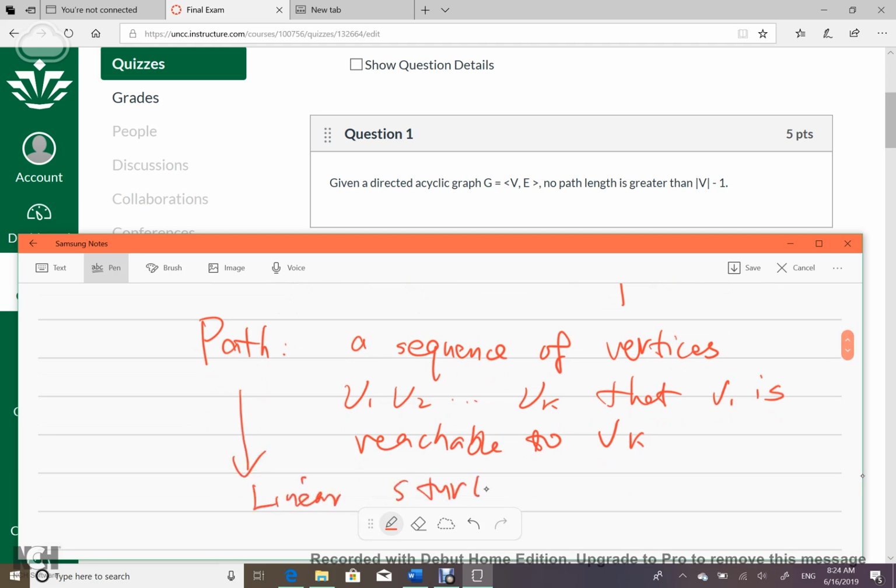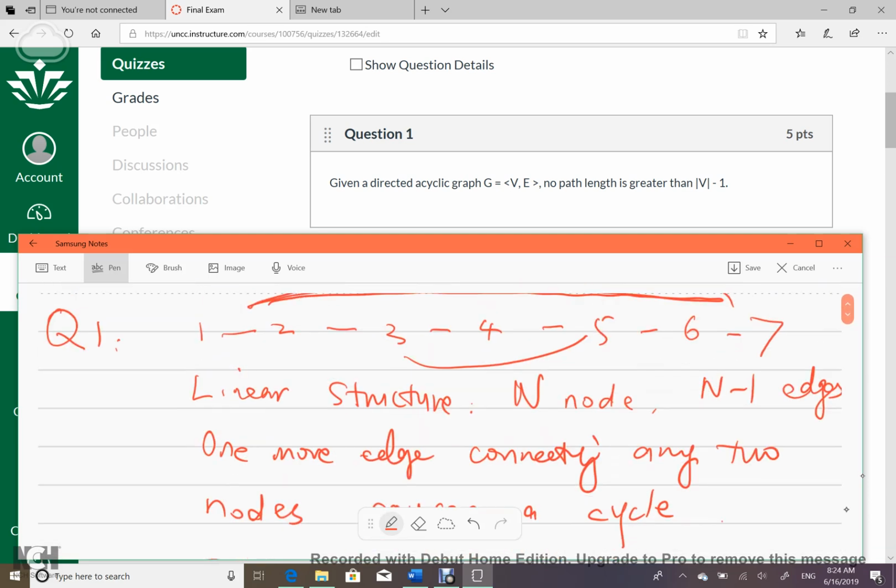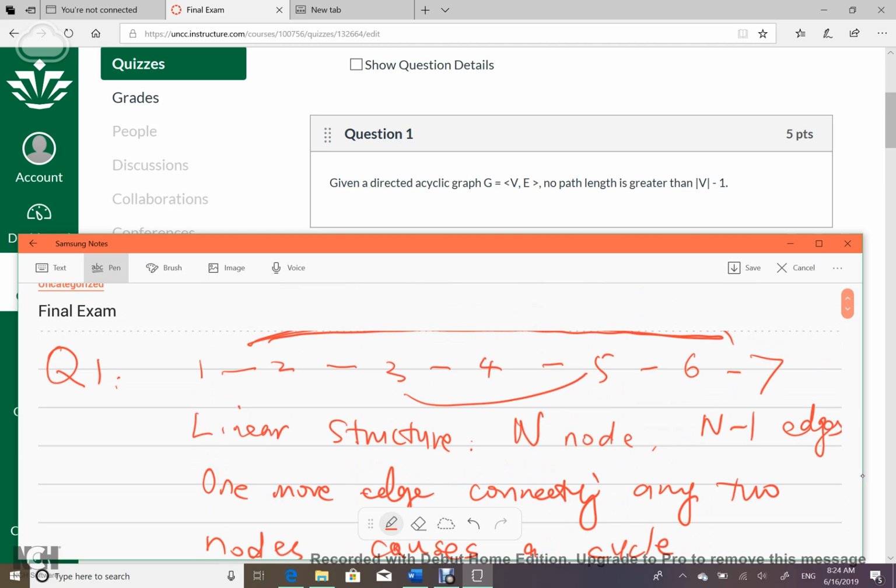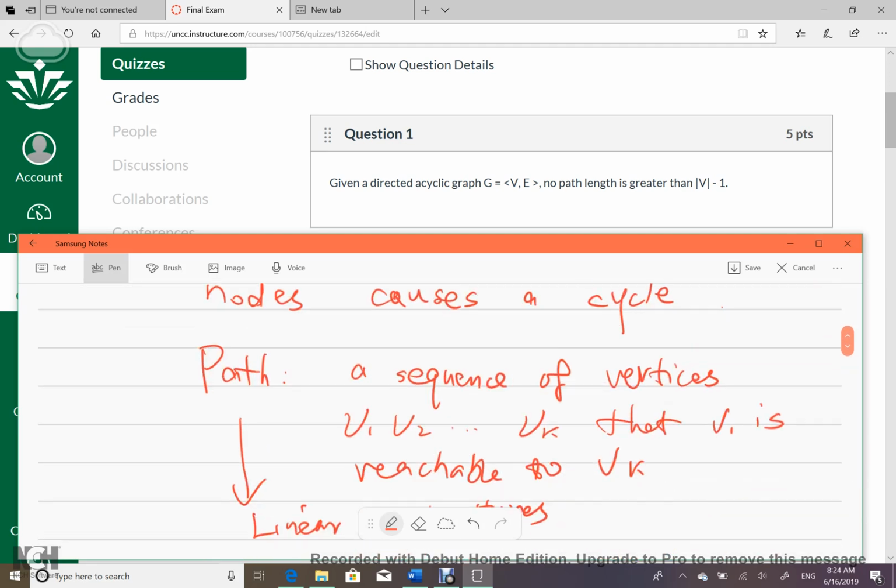The graph consists of many of these linear structures. So for this reason, this is what we explained to you.